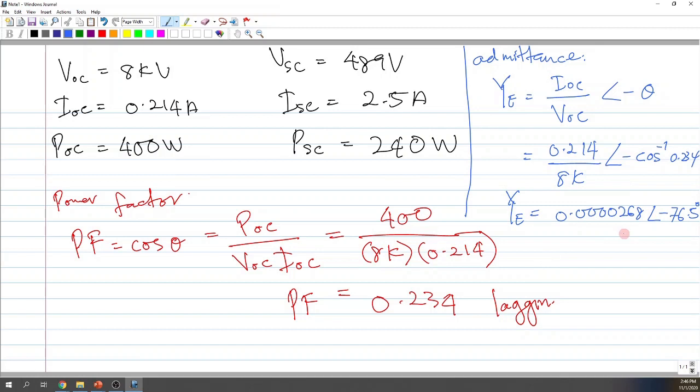So macam mana kita nak pecahkan ni? Saya nak tanya ni, macam mana kita nak pecahkan? Siapa boleh jawab? Tukar dengan complex form. Okay. Pakai apa? Calculator? Pakai calculator je?